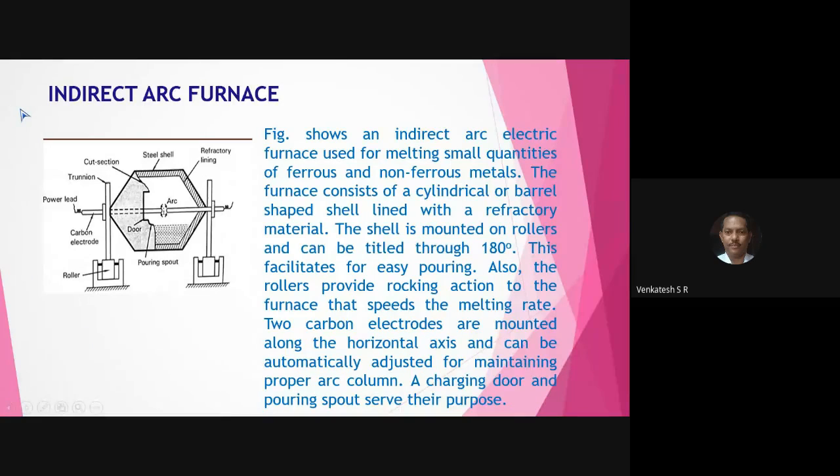Now you write down the question. Explain briefly with neat sketch the indirect arc furnace. Put a question mark.